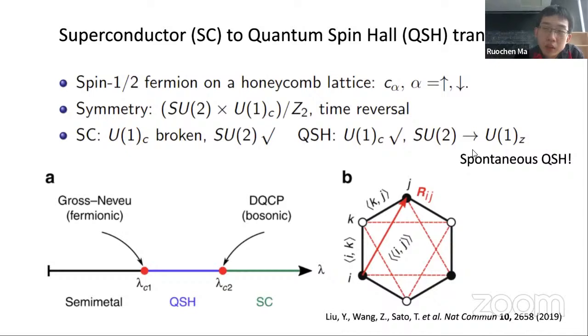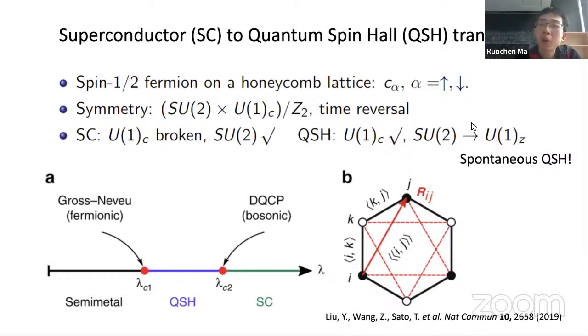But what can happen here is that the spin symmetry can be broken spontaneously to a U1 subgroup, let's say the rotation along the z-axis. That is not very important. That's basically a basis choice.